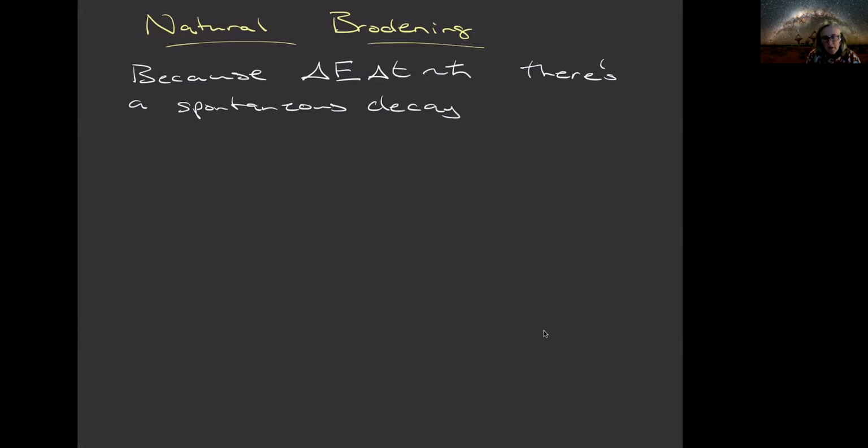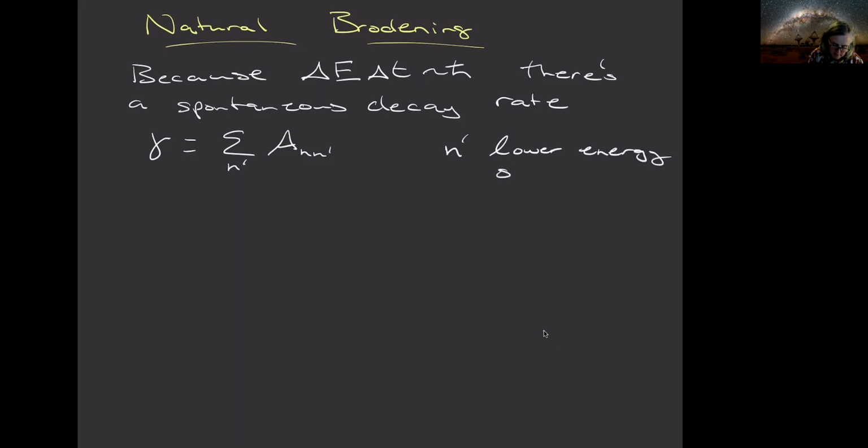Not all of our electrons would decay at exactly the same perfect time. There's a certain rate of their decay, which is given by gamma equal to the sum over the n prime state of the Einstein spontaneous coefficient, A n n prime, where in this case n prime is the lower energy state, because this is a spontaneous emission process.